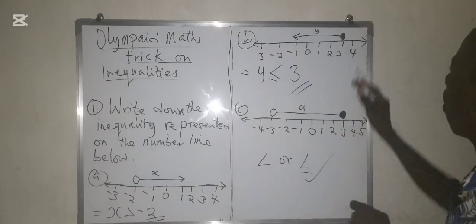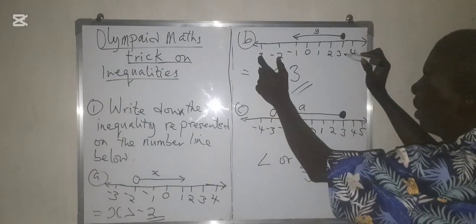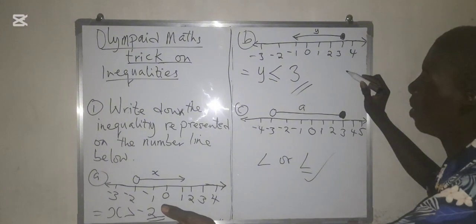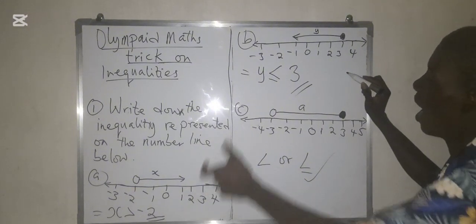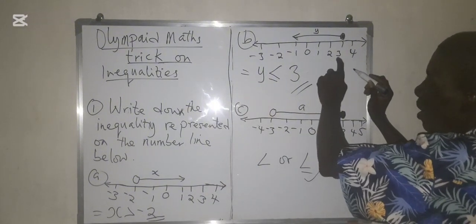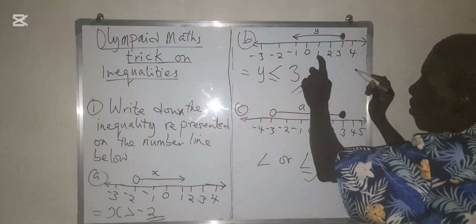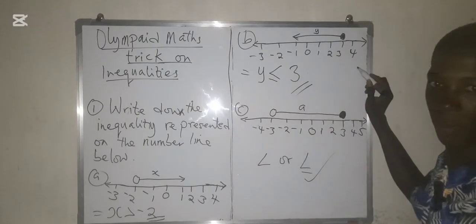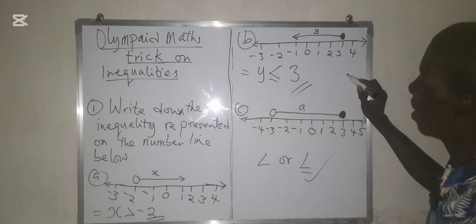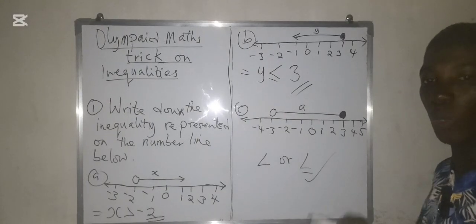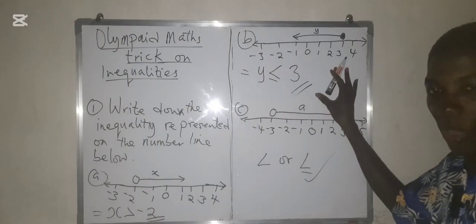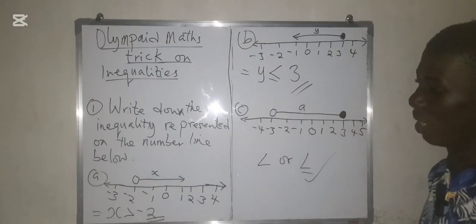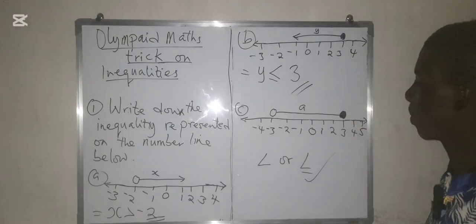That means all these negative integers are less than 3, including 0, 1, 2, and 3 itself. So this is how we represent this inequality from an illustrated number line.